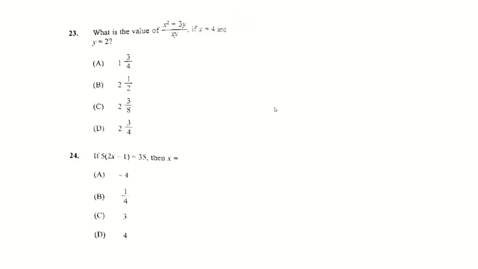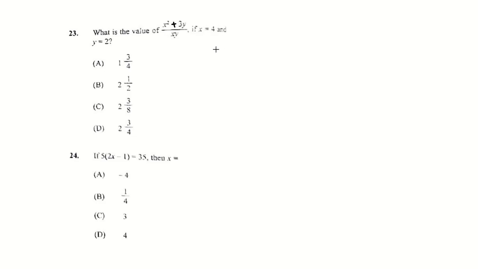Alright. So number 23, what is the value of x squared minus 3y over xy if x is 4 and y is 2? Oh, hold on, I'm checking to see. It's plus. Although you're not seeing it, it's supposed to be plus.